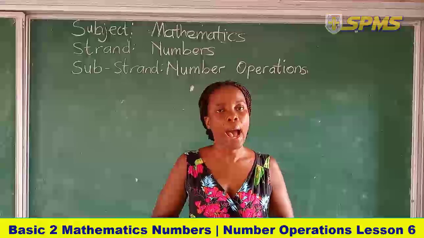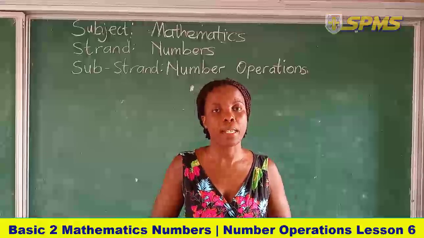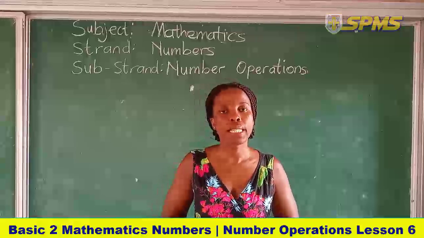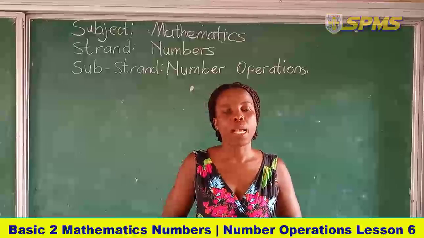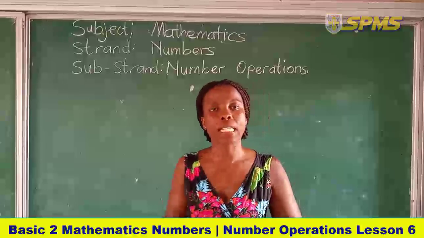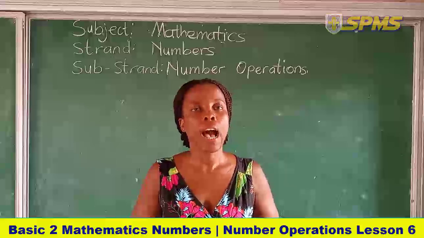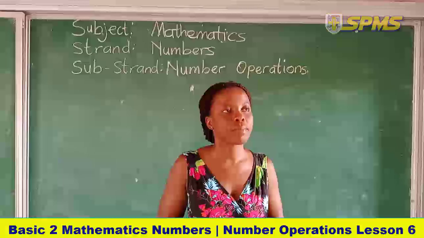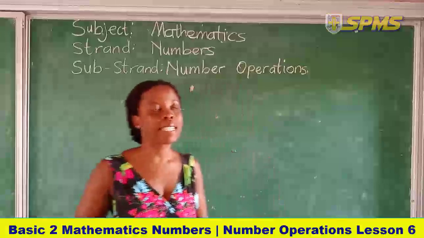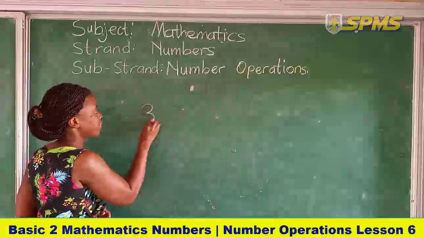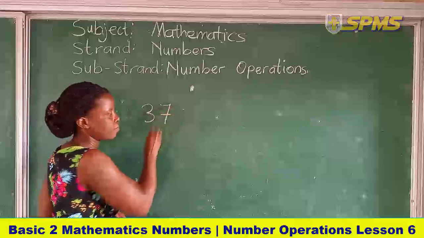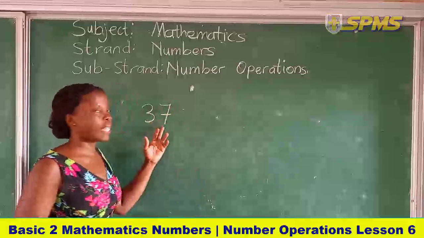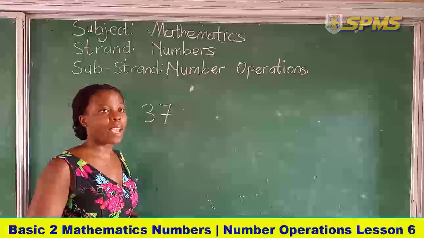We are going to add 2-digit numbers. We said if we have 2-digit numbers, they are in which form? The tens and the ones form. Let us have 2 of 2-digit numbers on the board. Let's say 37. 3 and 7, 37. Any number again?